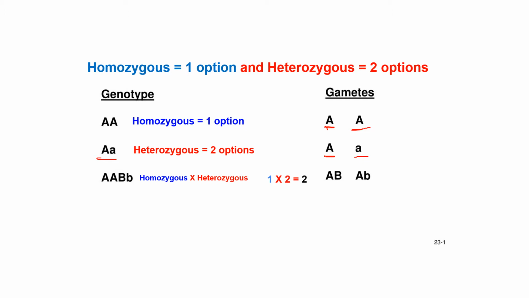So here in blue you have one homozygous, and in red you have a heterozygous. So what you do is super easy. You have one and you will have two. So you have two options, and here you find the two options that you have.